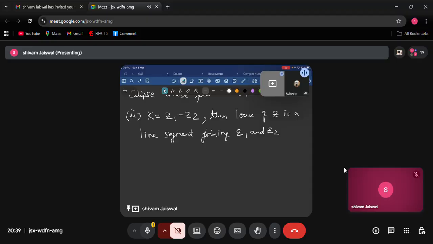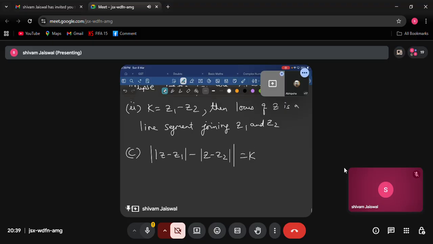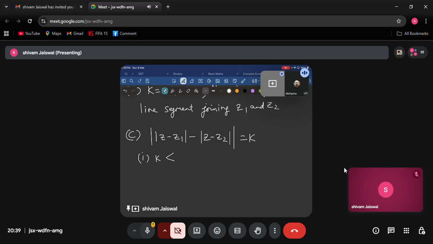Part C. If mod of z minus z1 minus mod of z minus z2 is equal to some constant k, what does it represent, everyone? Hyperbola, right. Part 1. When will it represent a hyperbola? When k is less than mod of z1 minus z2. Remember, k should be less than mod of z1 minus z2.